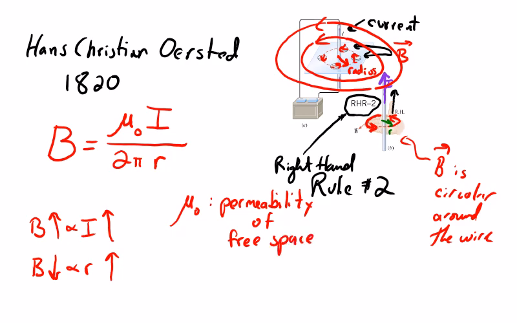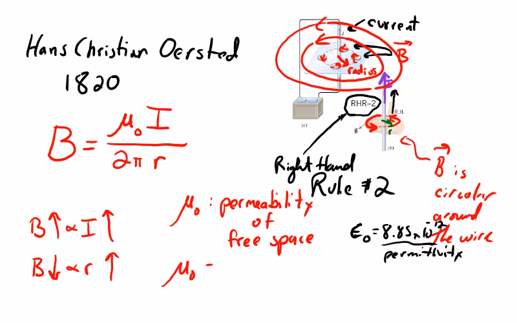We have had the permittivity, which was our little epsilon 0. So if you remember, we had epsilon 0 once before, which was equal to 8.85 times 10 to the negative 12. This was the permittivity of free space. This is now the permeability of free space, and it has a different value.